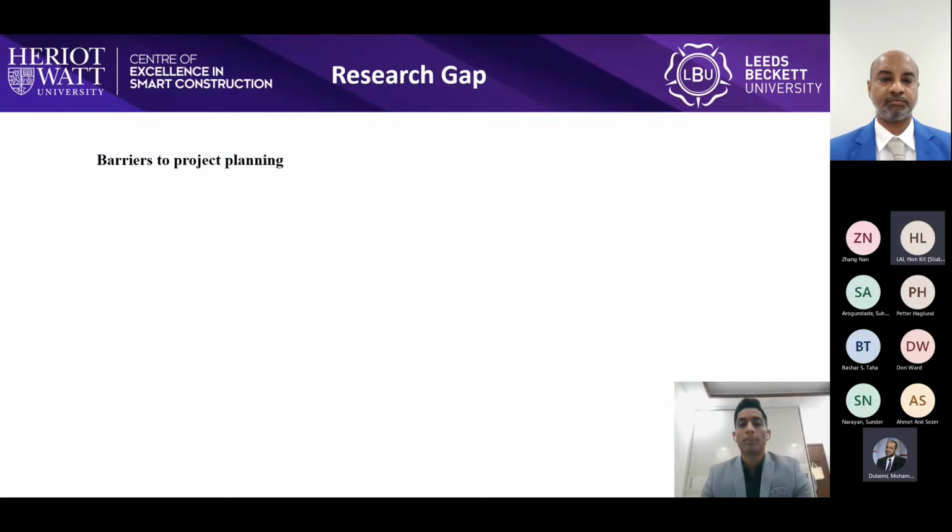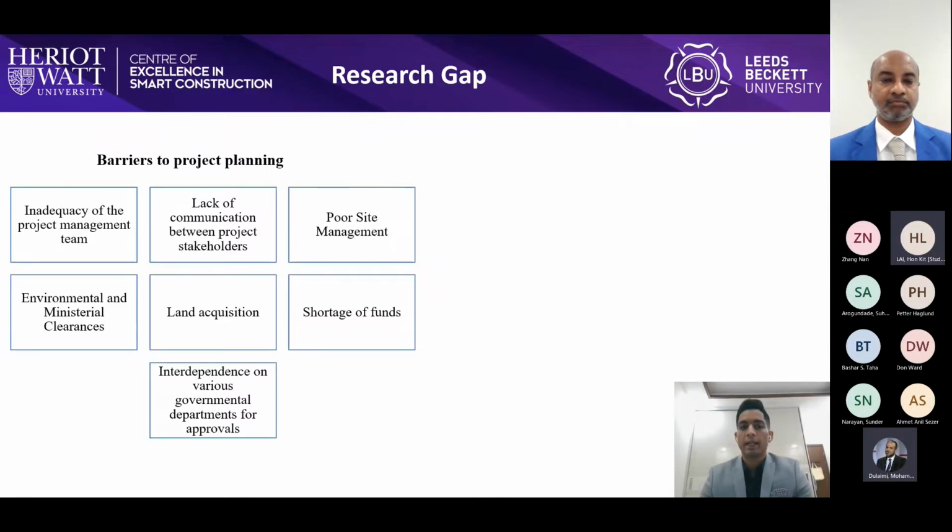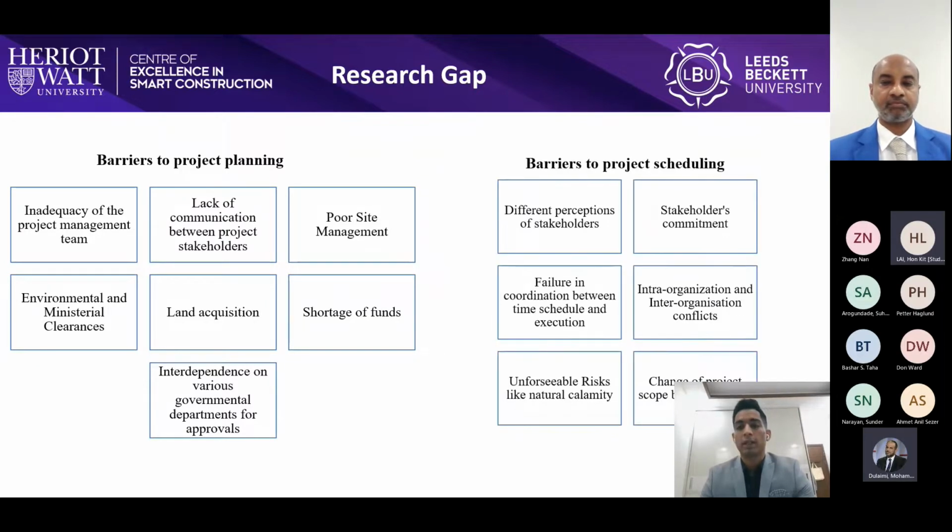Let's talk about barriers to project planning. It can be many, but a few are highlighted as follows: inadequacy of the project management team, lack of communication between the stakeholders, poor site management, environmental clearances, acquisition of land, shortage of finances, and interdependencies on multiple government organizations for various approvals. Now, let's talk about barriers to project scheduling.